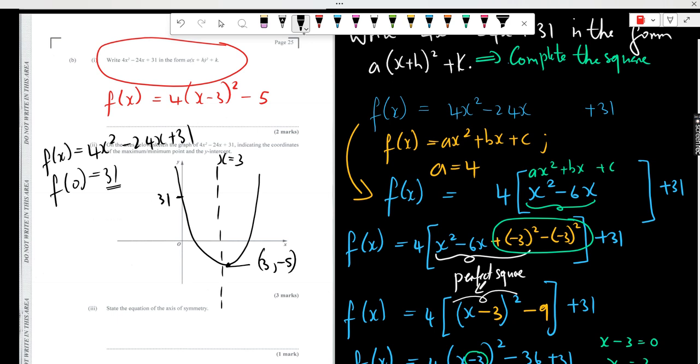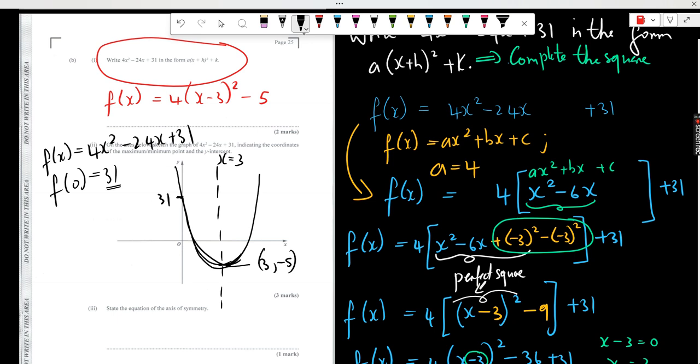Good? So the line x equals 3 will divide the quadratic into two halves, hence it's called the line of symmetry or the axis of symmetry. In other words, the graph or the curve is symmetric about that line, right? Yes, sir. So even though the question didn't ask about a lot of that, oh, watch this. I didn't even see this part down here.